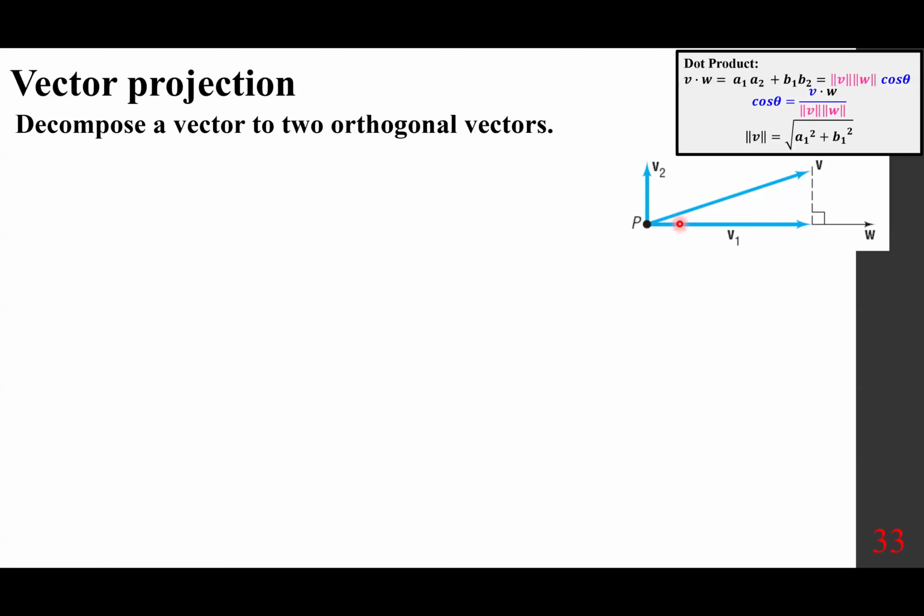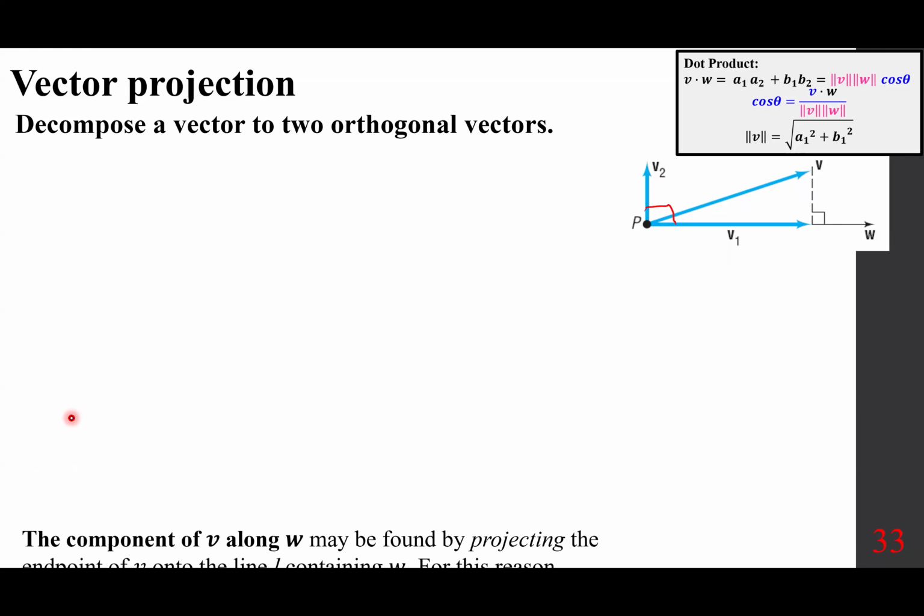And these two make a 90-degree angle. V1 and V2 make a 90-degree angle. That's the idea of decomposing a vector to two orthogonal vectors. And along the x and y axis, it's fairly easy to see, okay? But it doesn't have to be along those.